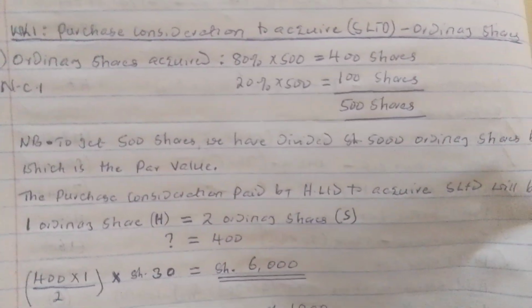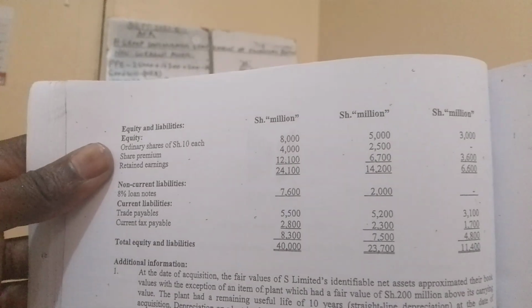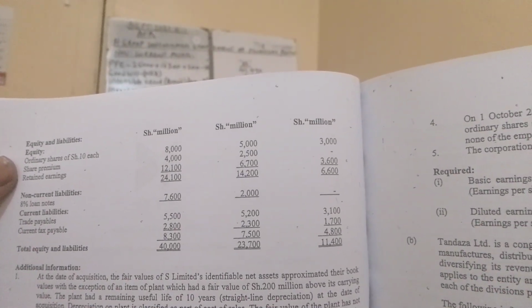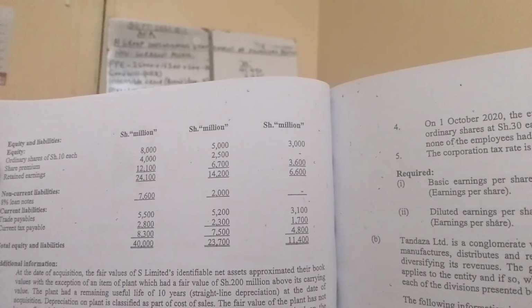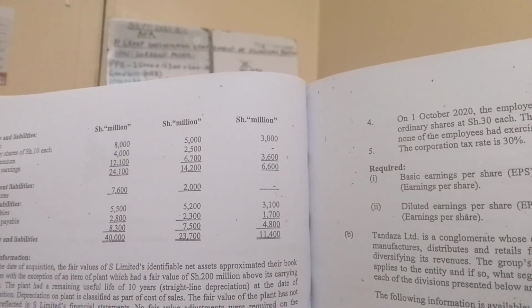Now, why are we using 500 shares? This is the reason, because we are saying H Limited acquired 80% of the shares in S Limited. Go to the statement of financial position. You can see ordinary shares of shillings 10. The first company was the parent, 8,000. The second company, the 5,000, is S, and the last company is the associate.